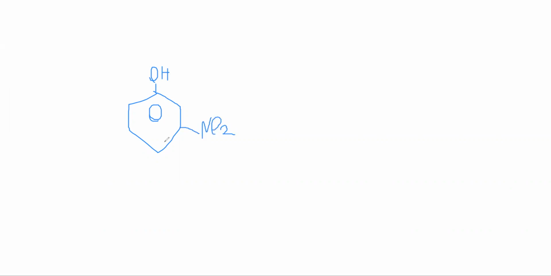The nitro group is directing stuff to go meta to it, which in this case is just this spot. And then the alcohol is directing stuff to go ortho or para to it, which is these boxed spots. The alcohol is an activator, while the nitro group's a deactivator, so the alcohol is going to win. And stuff is probably going to get added here and here. Not at this one because it's hard to add stuff between two substituents, but the other two will get added to. So just stronger activator wins, and you can refer to the chart I just drew for activation strength.